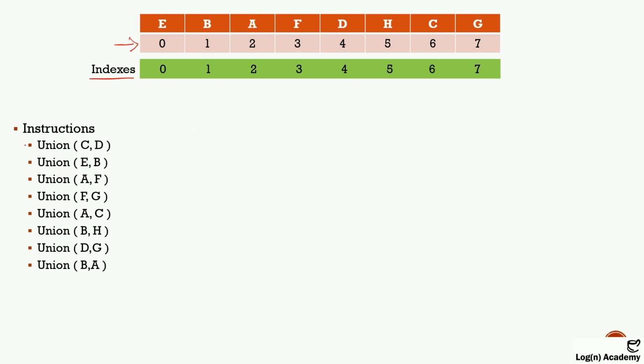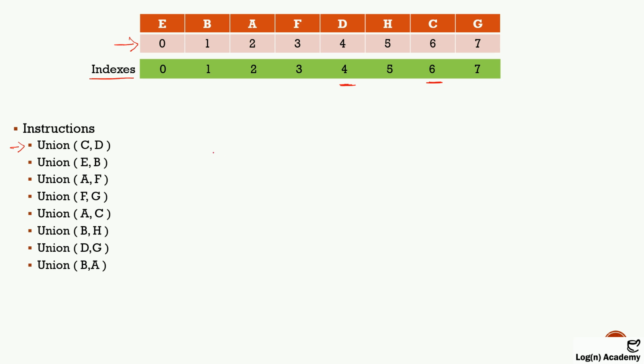So I have some instructions with me, and the first instruction is C, comma D. This means that C is related to D. Now we need to union these two objects. I have C here, and the array index is 6. C is on 6 and D is on 5.